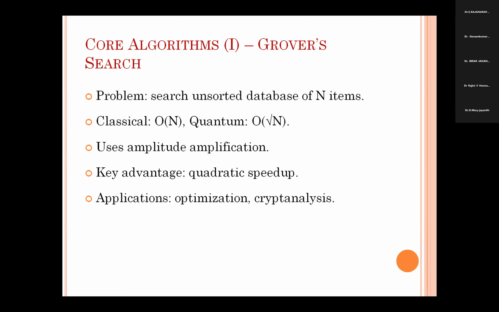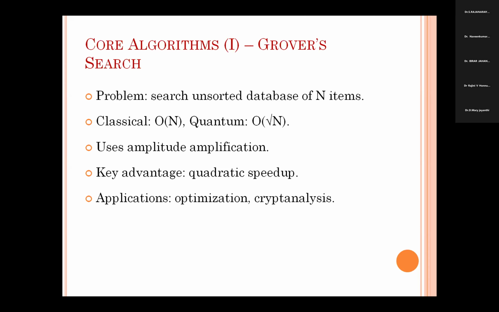Core algorithms. First of all, the Grover search, for the problem of searching an unsorted, unstructured database. Already told about this: Grover's algorithm is a search algorithm. What kind of database does it work on? Unstructured databases of n items.